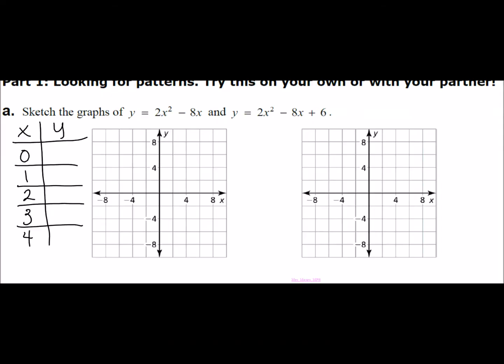Okay, so we're going to make a graph of this equation right here, and we'll do this one in just a bit. I'm going to start with making a table of values. Here they are. I'm going ahead and connecting the points on the right side.